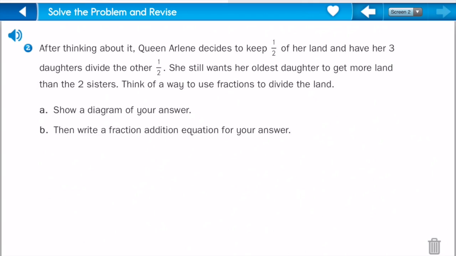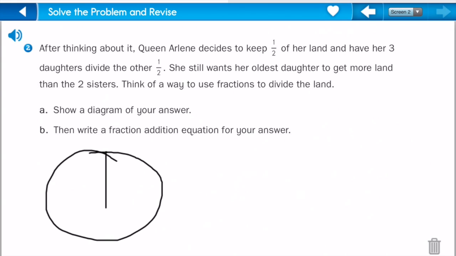So, after thinking about it, Queen Arlene decides to keep half of her land and have her 3 daughters divide the other half. She still wants her oldest daughter to get more land than the 2 sisters. Think of a way to use fractions to divide the land. So, I'm going to draw a circle again. She wants to keep half of the land, okay?